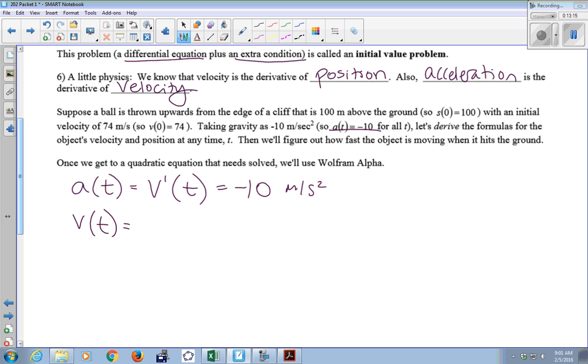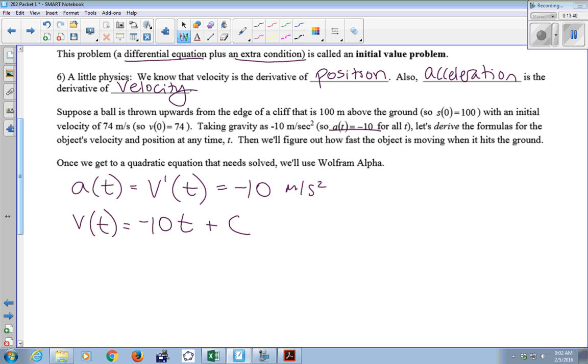Because acceleration is the derivative of velocity. So velocity is the antiderivative of acceleration. What is the antiderivative of negative 10? Negative 10t. And then we need the plus c also. Well, we're going to use the initial condition to figure out plus c.